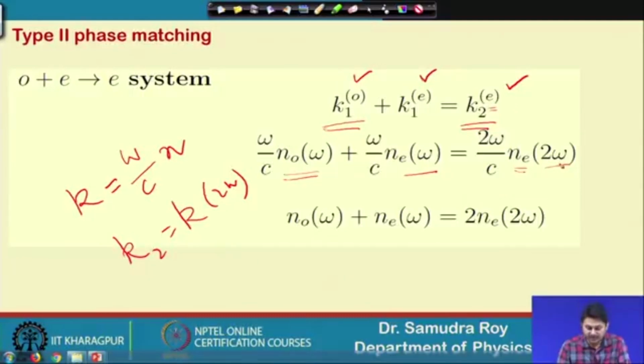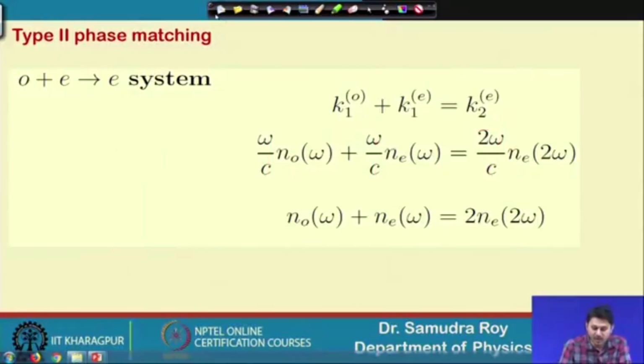After having all this information, in the next step I just cancel the omega divided by c term altogether. Then we have a new kind of expression, which is n_o of omega plus n_e of omega is equal to 2 n_e of 2 omega.